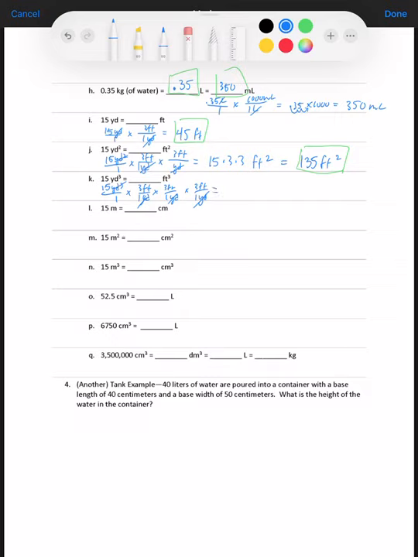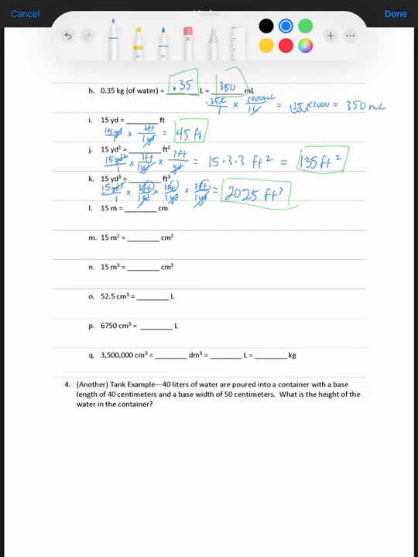Well, it's 135 times 3, which is 2025 feet cubed, because there's feet here and here and here. Okay, so that's that one. Notice that there's a big difference between the yards cubed and feet cubed.